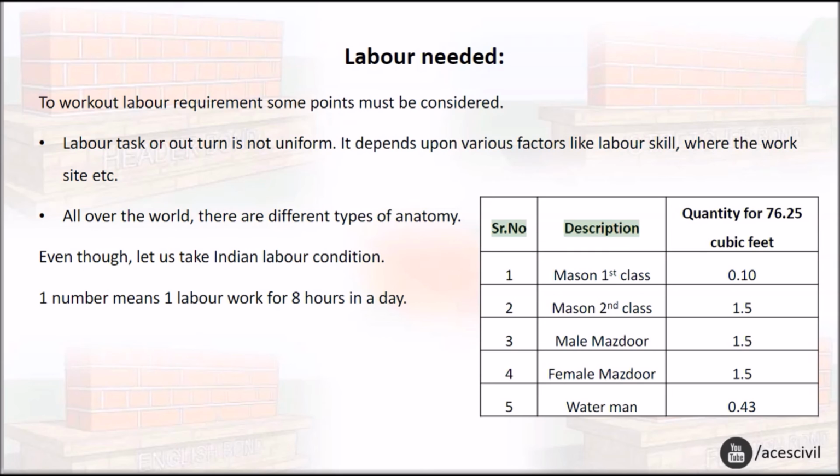Serial number, description, quantity for 76.25 cubic feet. 1. Mason first class: 0.102. 2. Mason second class: 1.53.